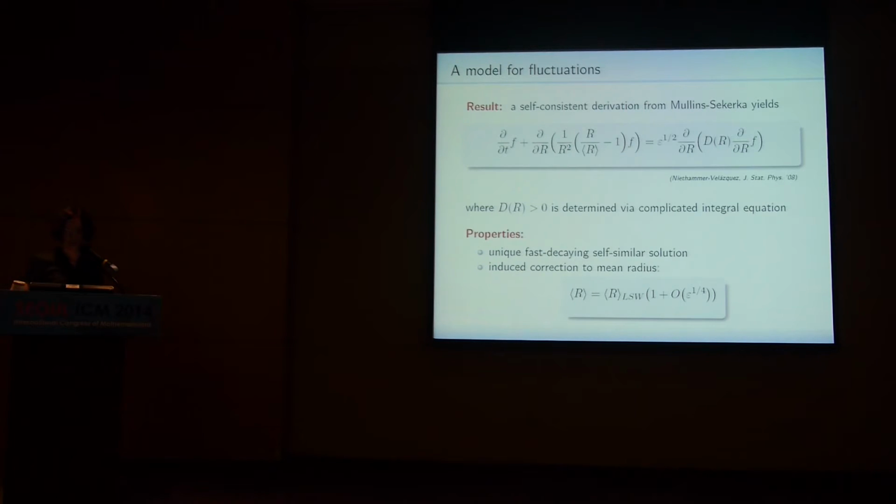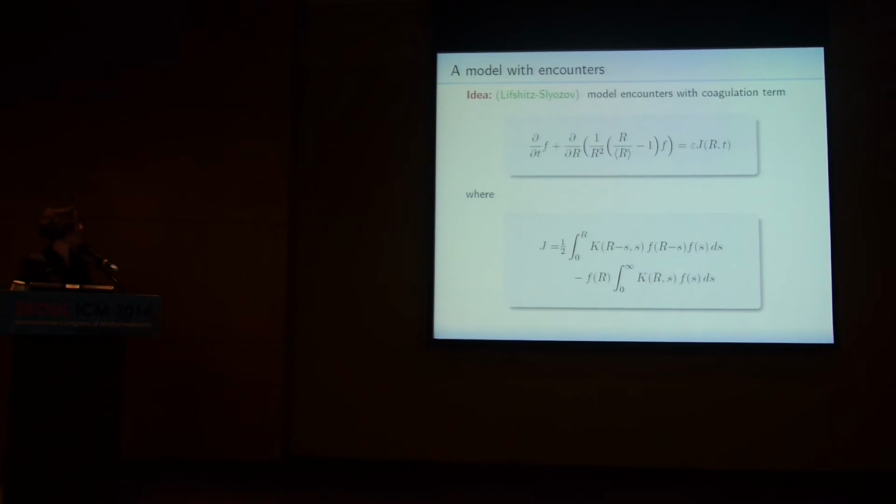the encounters? And here, the disadvantage is that this model is really a bit ad hoc. I wouldn't know how to derive it, but it certainly makes some sense. It has been suggested already by Lifshitz and Slyozov. So they want to take the occasional encounter of two particles into account. So the particles come close, then they merge, and the volumes are just added.